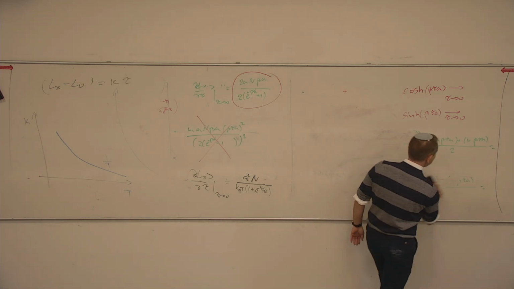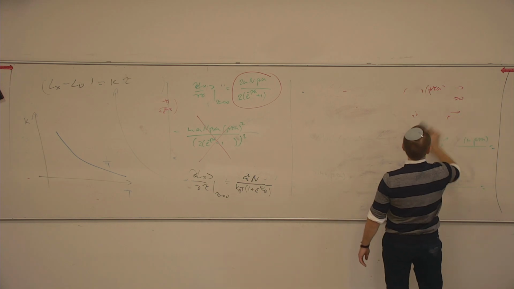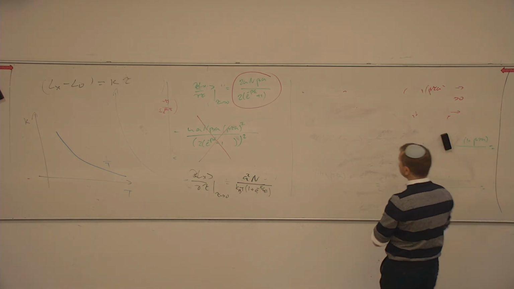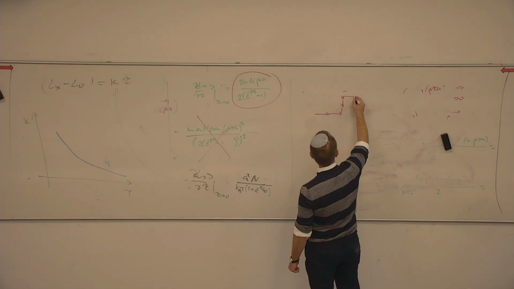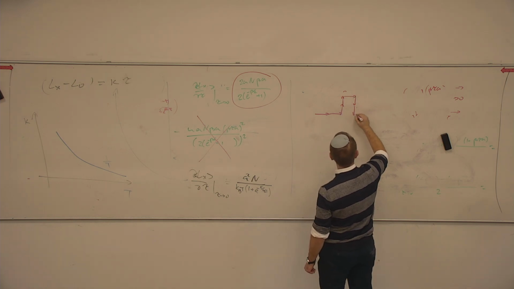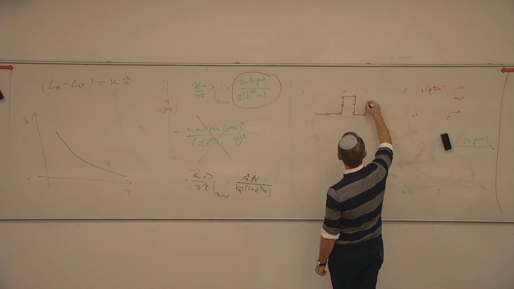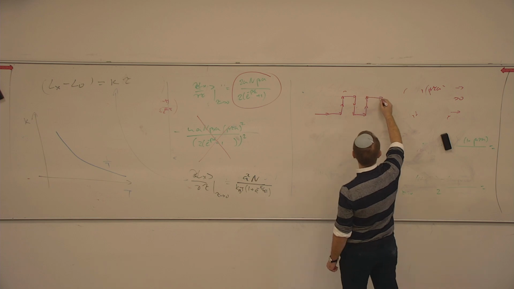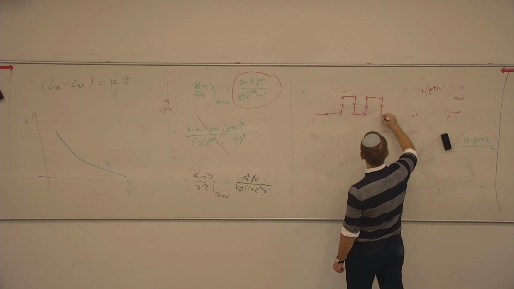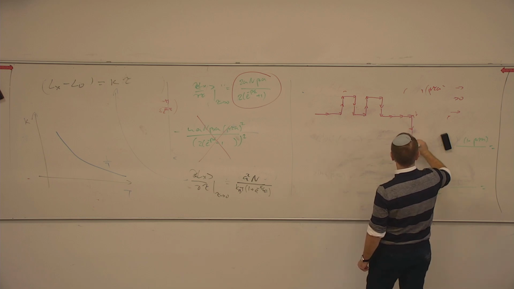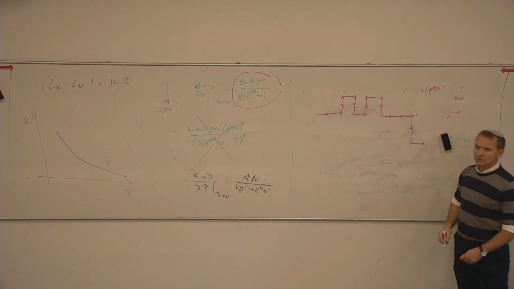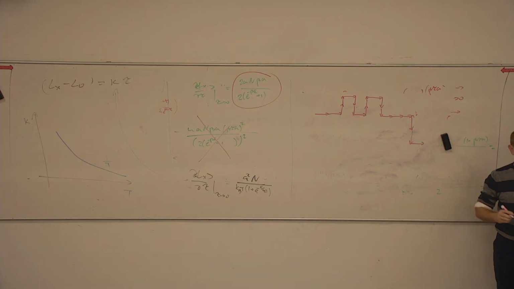We had a bunch of monomers connected to each other that have to pay a specific price in order to be oriented not along the x direction. This is my polymer, my model of a polymer.